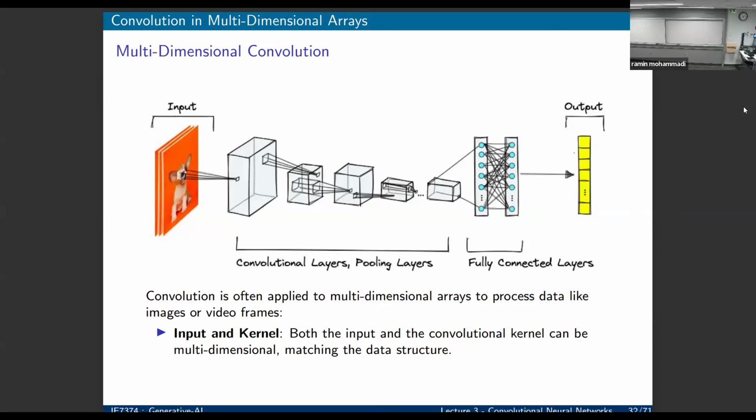So what happens here is that a convolution layer gets an activation map. Let's say this activation map currently has a depth of D. That means it has D channels, D activation maps, right?